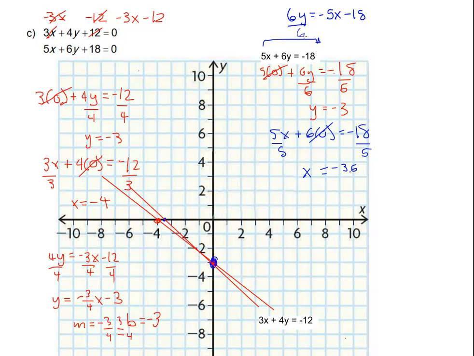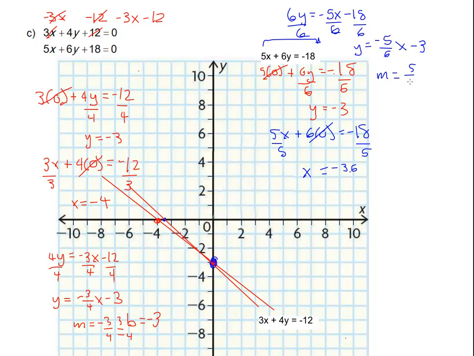Dividing out the 6. This is the slope y-intercept form. So it would be negative 5/6 x, and negative 18 divided by 6 is negative 3, and there's the point of intersection again.